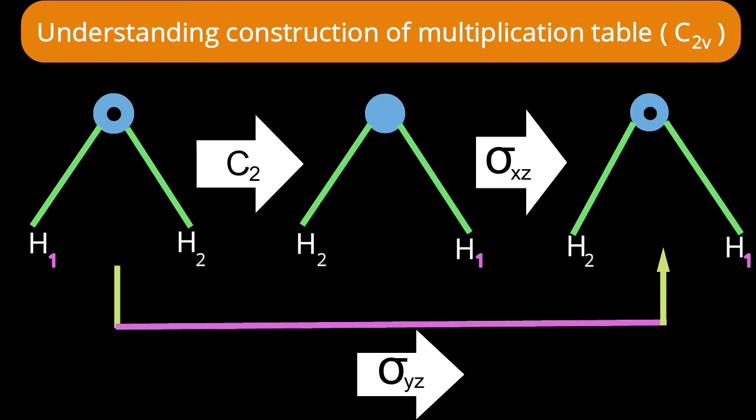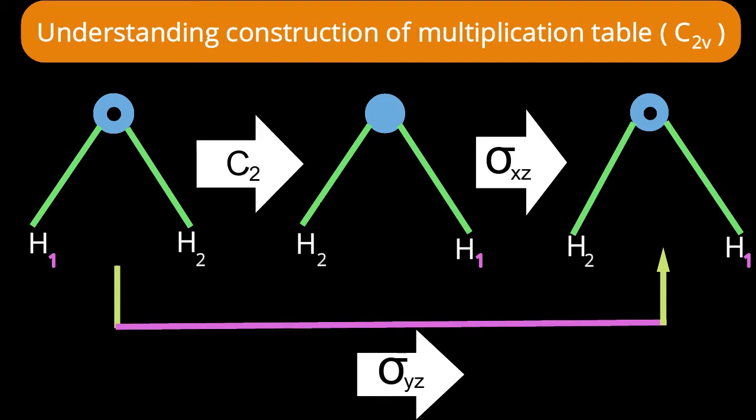Yes, therefore I can say the resultant structure of the multiplication of C2 and sigma xz can be produced by a single operation, say sigma yz. Therefore, we can say C2 into sigma xz is equal to sigma yz. Likewise, we derive the entries in the multiplication table.